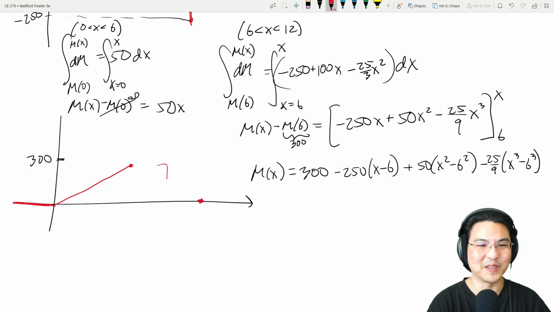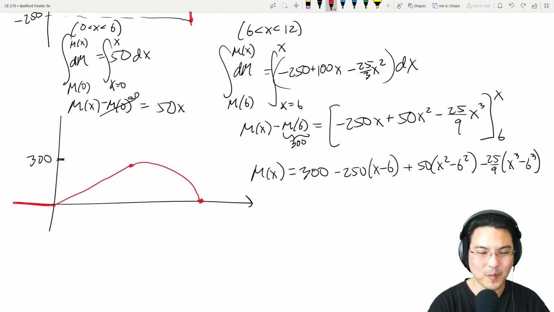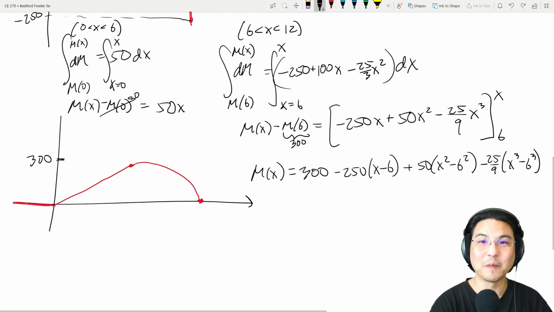And then just what does it look like in between? You can just graph it on a calculator. But I know that it's cubic like this, and it's going to be some curve that connects from here to here. So it's going to look something like this. Not exactly, but some curve that I know is going to be concave this way. So then that's it. So this is the bending moment.